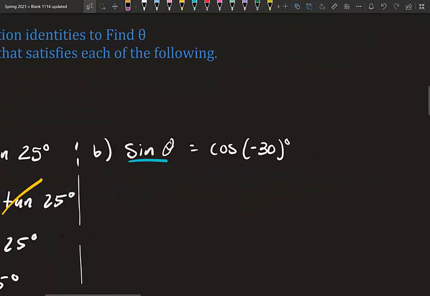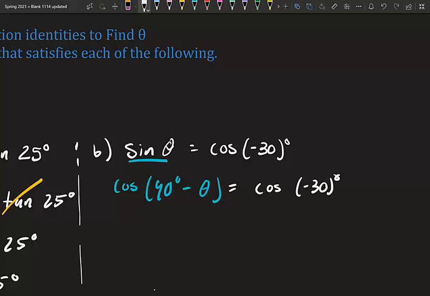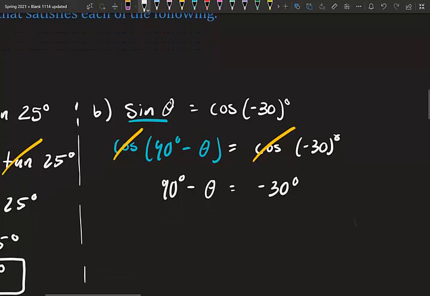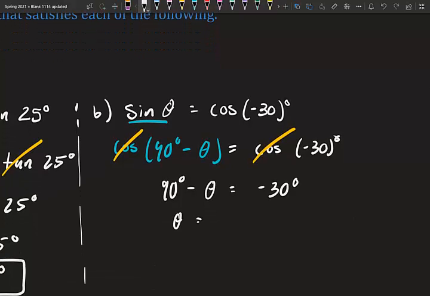So we're going to replace sine theta with cosine 90 degrees minus theta equals cosine negative 30 degrees. What that allows us to do, it allows us to get rid of the functions because they're on opposite sides of each other, so they cancel out. So what we have left is 90 degrees minus theta equals negative 30 degrees. We solve for theta, so we get theta equals 120 degrees.